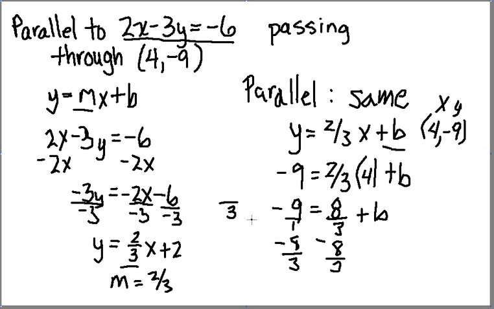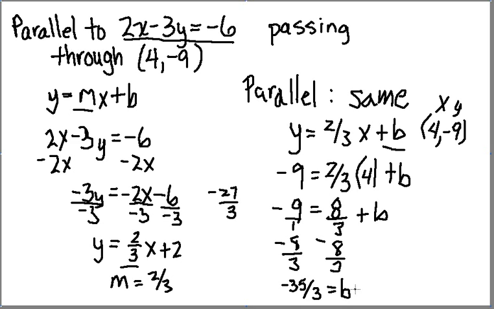So 1 times 3 gives me 3, and so I have to multiply the top by 3. 3 times negative 9 is going to give me minus 27. So minus 27 over 3 minus 8 over 3 is going to give me negative 35 over 3. And that is going to be equal to b.